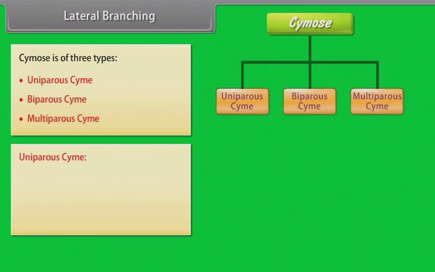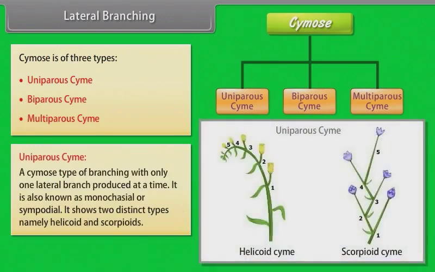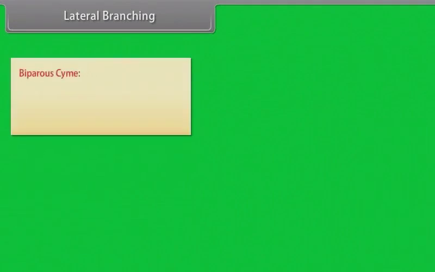Uniparous chyme. A chymose type of branching with only one lateral branch produced at a time. It is known as monochasial or sympodial. It shows two distinct types, namely helicoid and scorpioid. Biparous chyme.